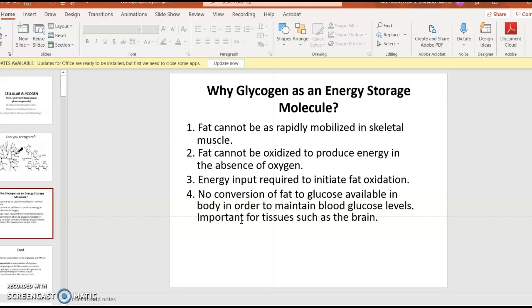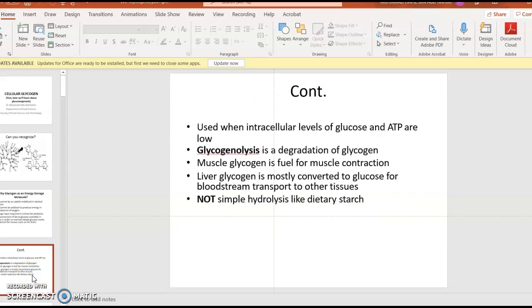So if you use fat as a source of energy, it cannot produce glucose. It only produces ketone bodies as a source of energy. The body always prefers to use glucose first, especially the brain. So if you don't have glycogen anymore, the body needs to switch to fat, which is not preferable, and usually the release of energy is much slower.